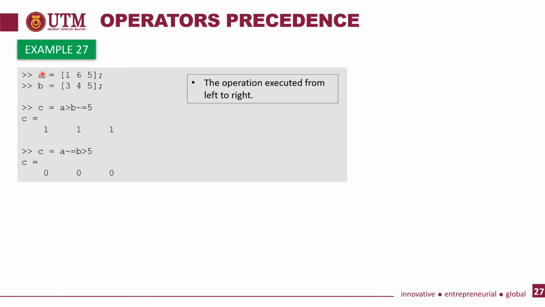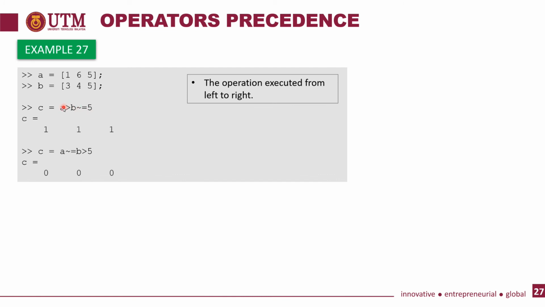For example, we have two matrices here, A equal to 1, 6, 5 and B equal to 3, 4, 5. Right now you have the relational expression A is greater than B and not equal to 5. So which operation will be executed first?